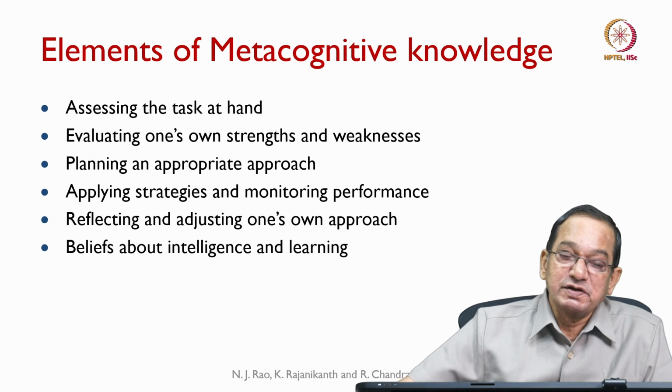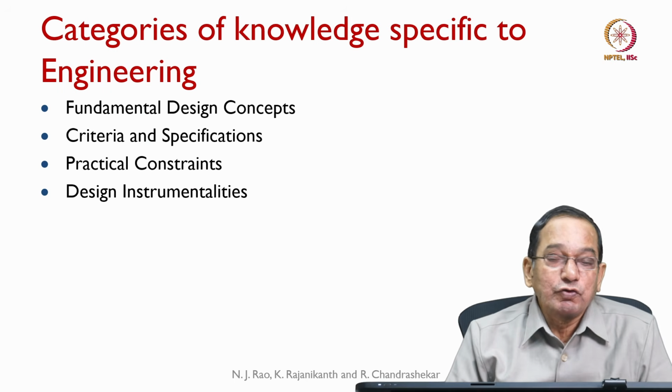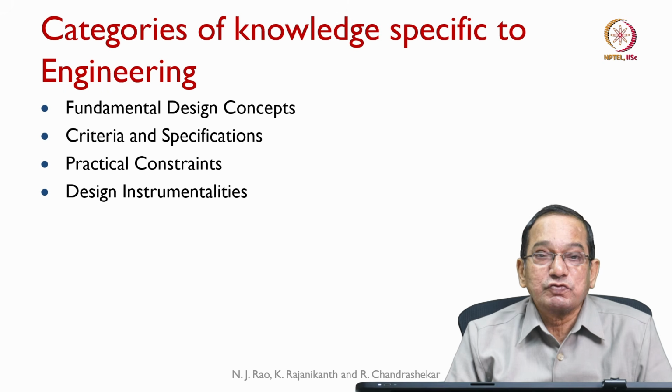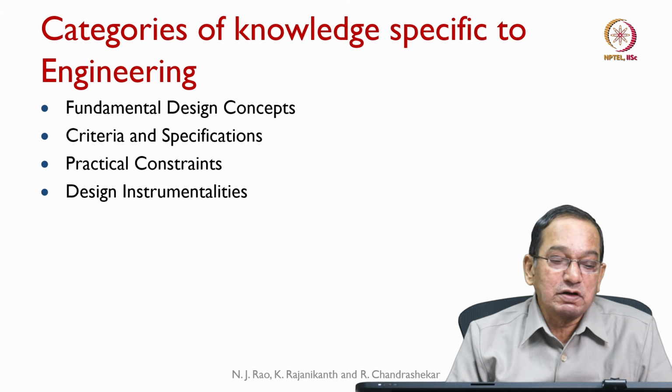There are many other elements, but these are the most important elements of metacognitive knowledge. These four categories are general to all areas of study. Then categories of knowledge which are specific to engineering are listed below.